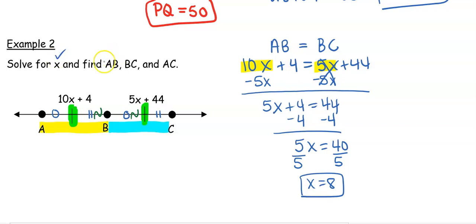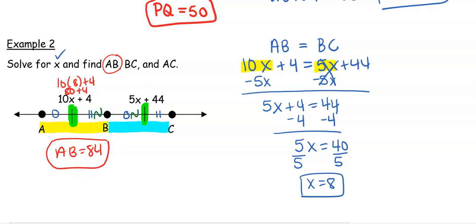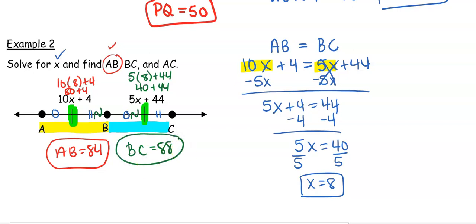Now I want to find what the length of AB is. Well, it's 10x plus 4, and if x is 8, that's 10 times 8 plus 4. That's 80 plus 4, so AB is 84. Done. BC. Now I could do the same thing again, 5 times 8 plus 44, 40 plus 44, or I really didn't have to do any work at all because we said from the beginning, what do we know about those two things?